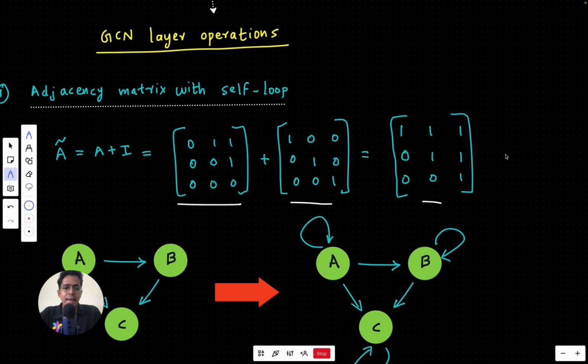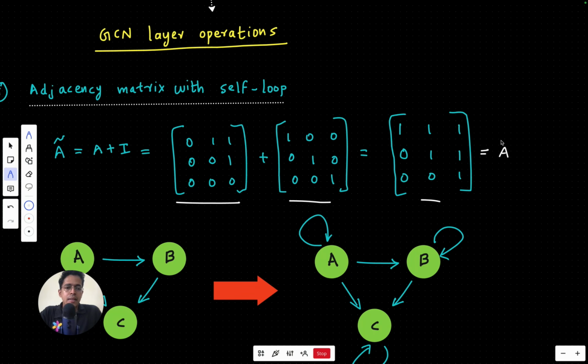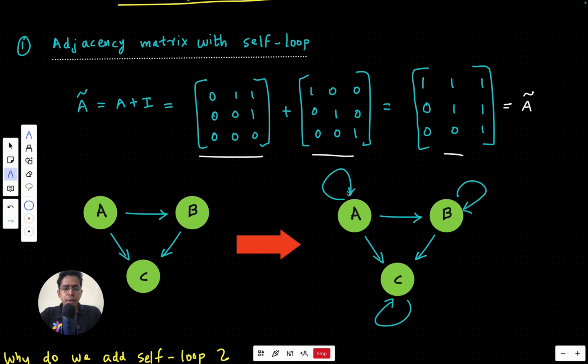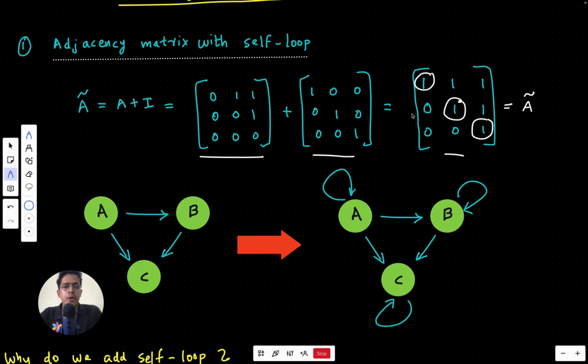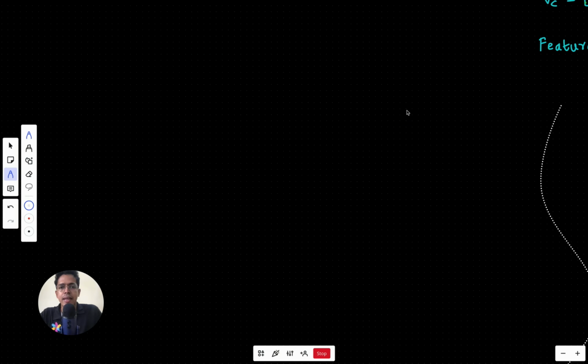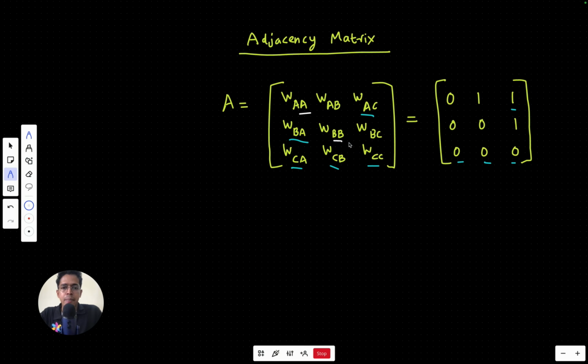So this is A tilde, and this is the adjacency matrix with self loop. We can denote it pictorially like this: node A being connected with itself. That's what these 3 terms mean, right? So if you remember WAA, WBB, and WCC, which we discussed over here, this is the weight of the edge going from A to itself, B to itself, and C to itself.